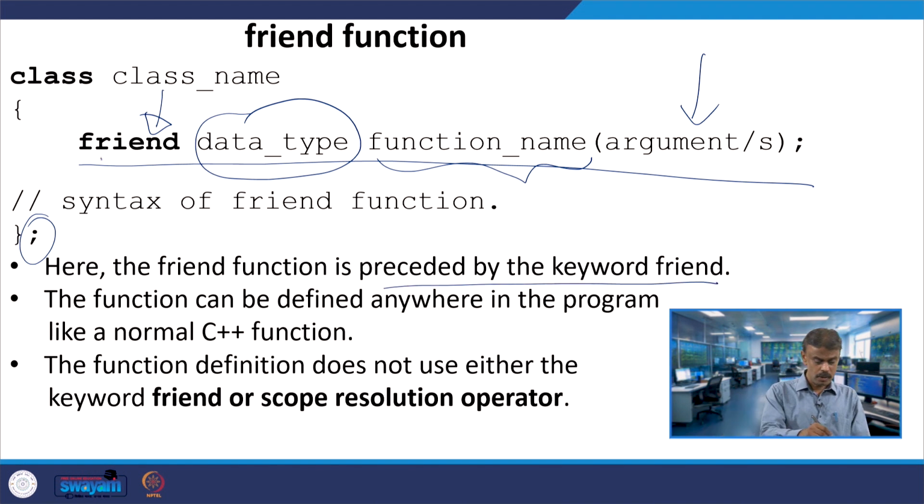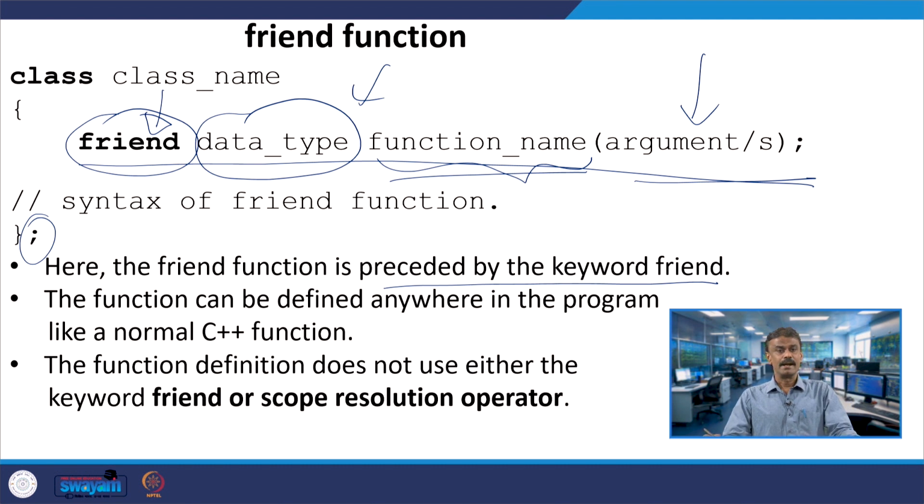Here I am using the keyword friend, and then a usual function: the return type, the data type, the name of the function and the arguments. And the beauty is, the function can be defined anywhere in the program, like the procedural oriented programs you had seen. Suppose I want to write a factorial function, I can write it anywhere and then call it.